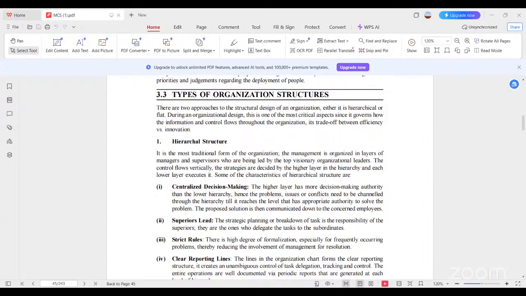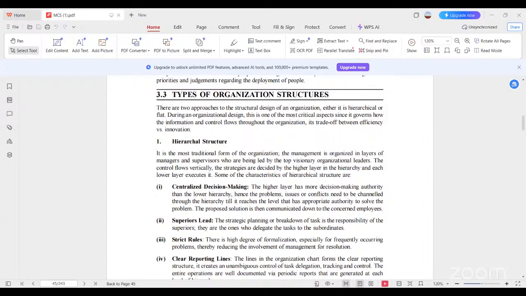So most decisions lie with the managers only. Okay, like in a factory, the production manager plans daily targets, right? The supervisor allocates work, and workers perform the assigned task. Here, workers will not decide what to do, right? They only know how to do it.